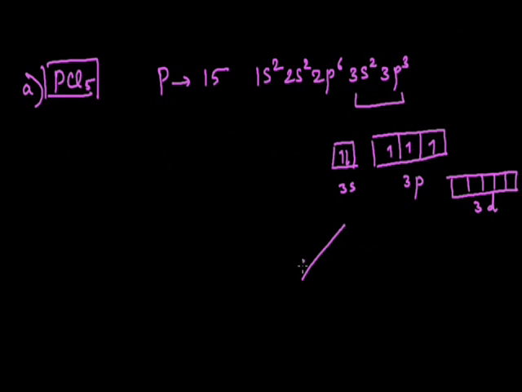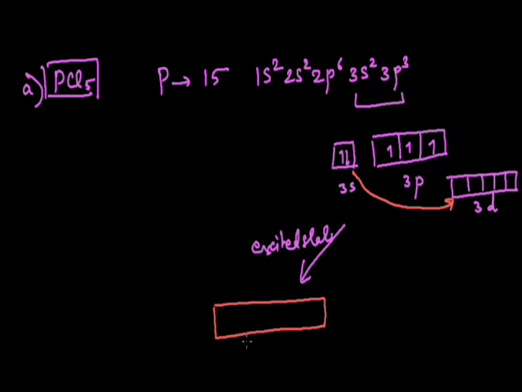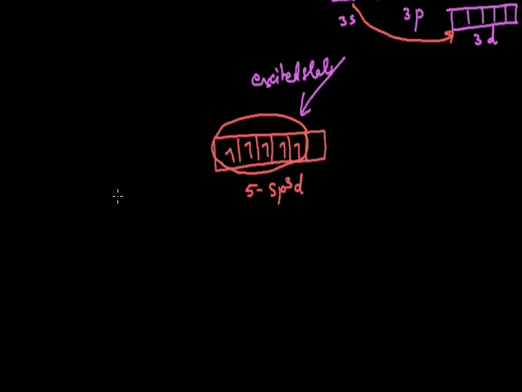But in the excited state, one of the 3s electrons gets excited to the 3d orbital and leads to the formation of 5 sp3d hybridized orbitals. These 5 sp3d orbitals combine with orbitals of chlorine atoms, leading to the formation of an sp3d hybridized molecule.